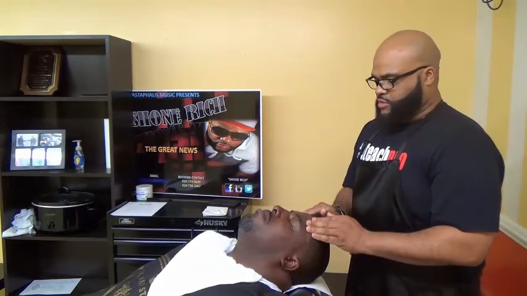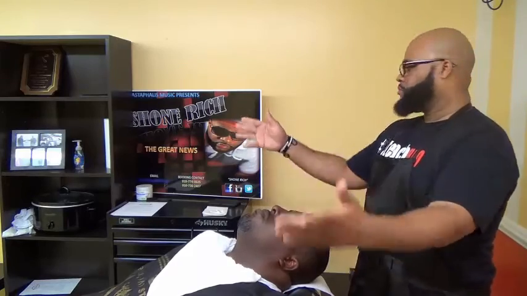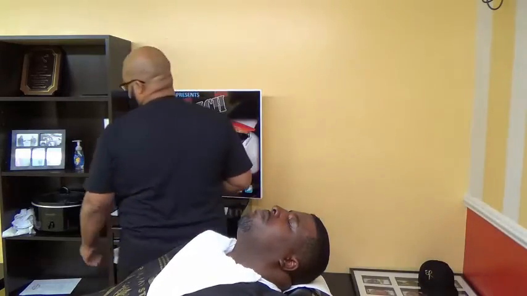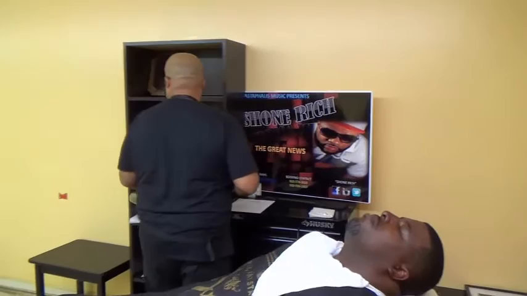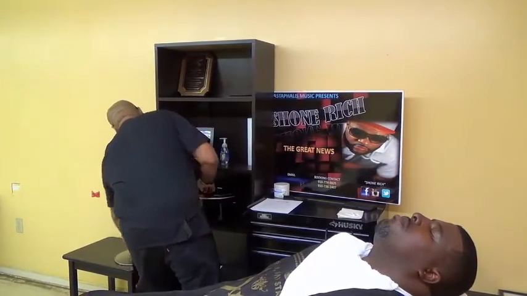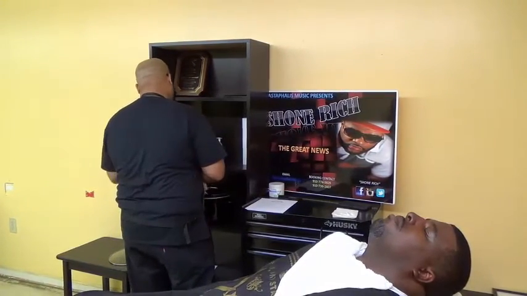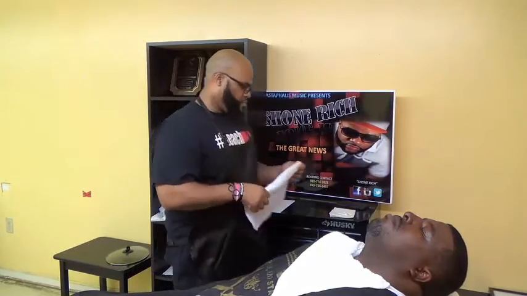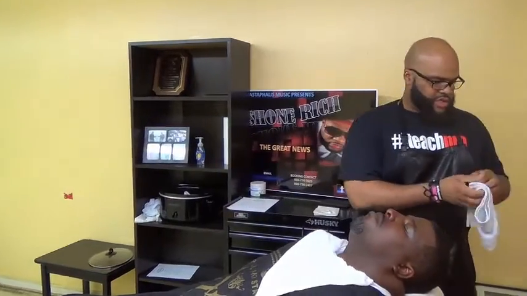And basically, after you apply these 5 massage manipulations, you would feather away, get your steam towel. Make sure that the steam towel is not too hot.